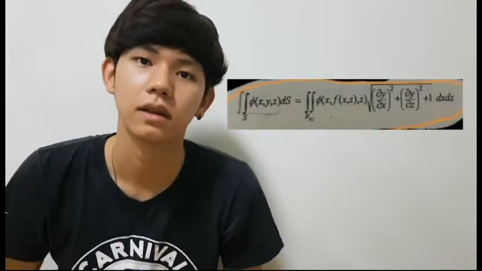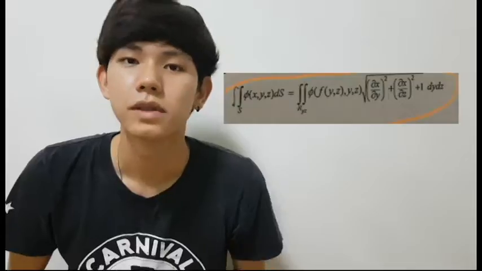If the surface is specified by y equals f(x,z), the surface is viewed on the xz plane, and we use this equation. If the surface is specified by x equals f(y,z), the surface is viewed on the yz plane, and we use this equation.